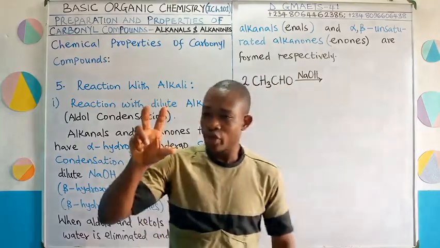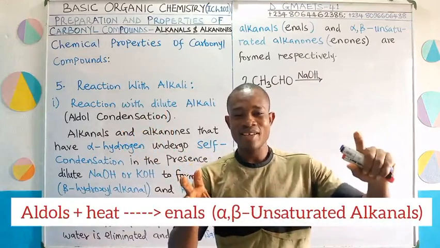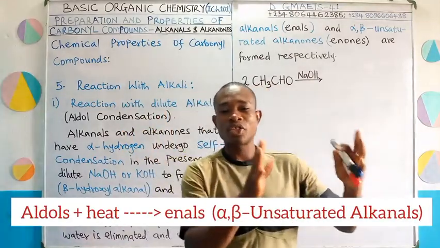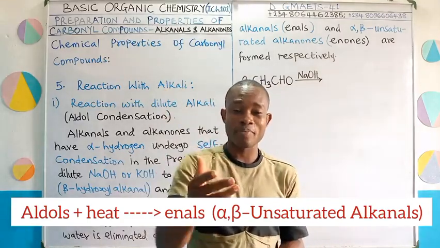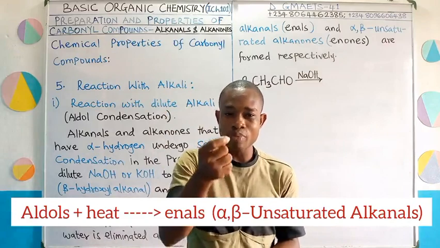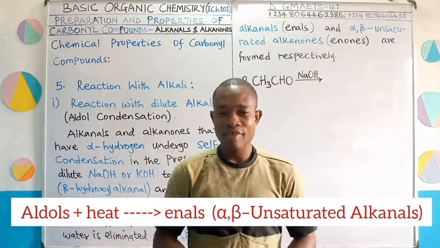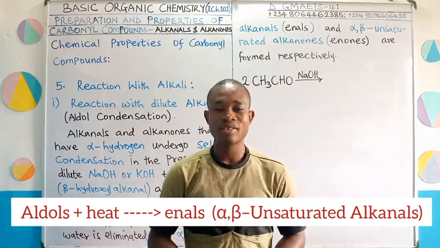Now, if you heat an aldol, it will produce an alpha-beta unsaturated alkanal. An alpha-beta unsaturated alkanal is simply an alkanal that has an unsaturated bond, specifically a double bond, between the alpha and the beta carbon. I've explained this concept of alpha and beta carbons in our previous classes, okay?